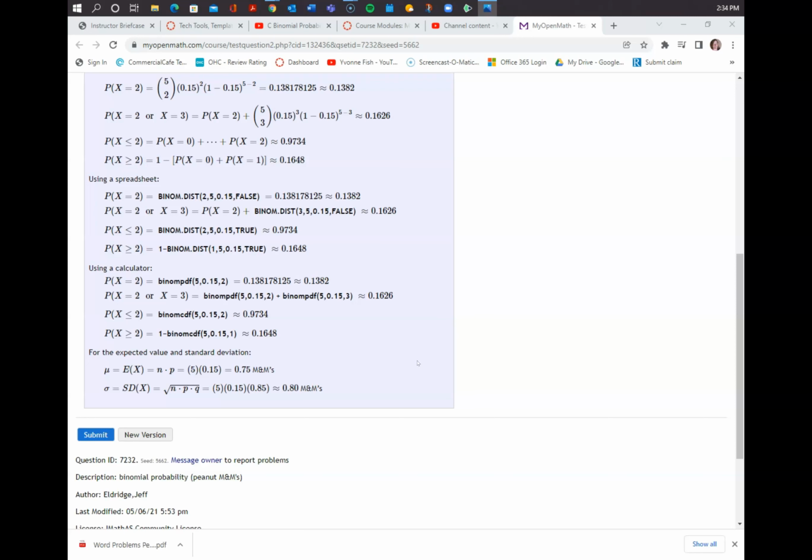I've been getting a few questions on this because I think people think they need to do it according to the table and all that, but you actually don't. It's not too bad. So I have to put the square root right there. 5 times 0.15 is our P, and 0.85 is our Q. That's always just the complement of P. And that's going to be 0.80 M&Ms.